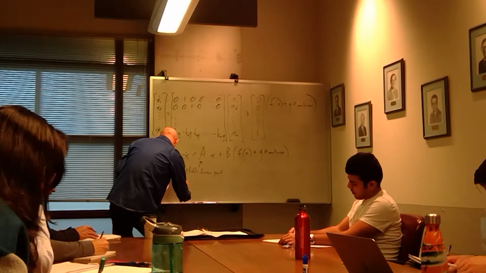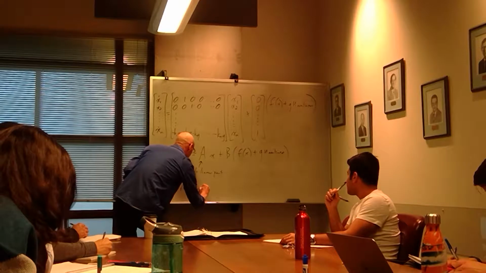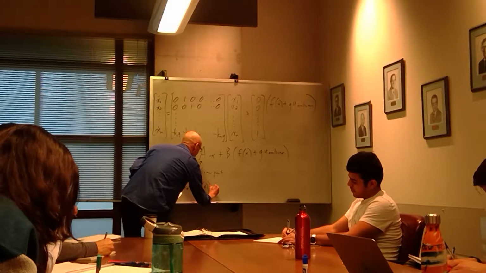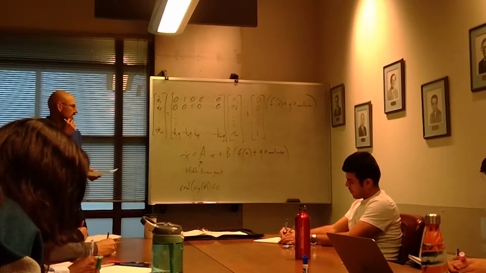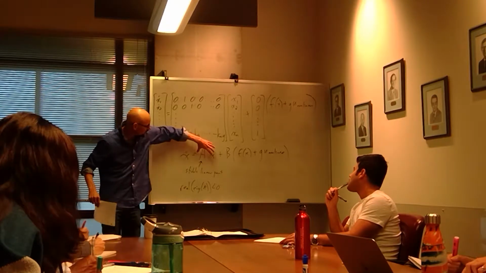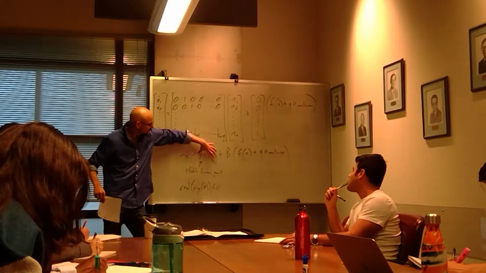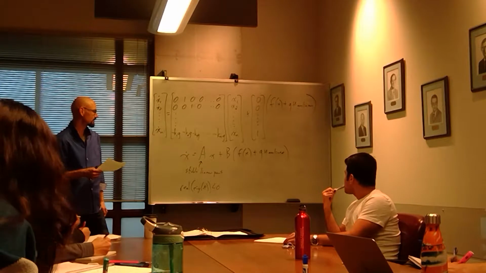In other words, the real parts of the eigenvalues of A are less than 0. In linear systems, that's good. It's stable. So this is the part of the system we don't have to worry about. And this is the part of the system we now have to worry about as nonlinear control designers. Okay.